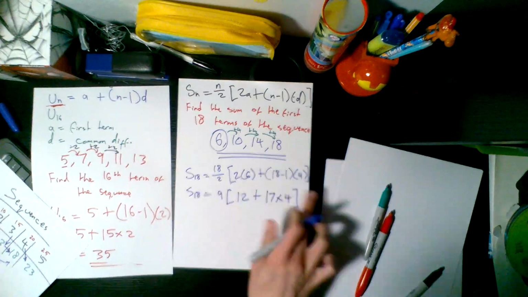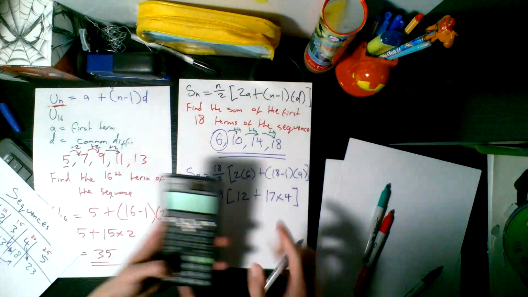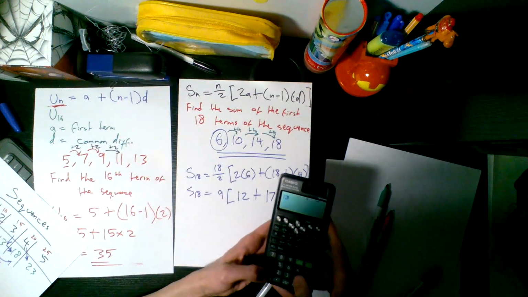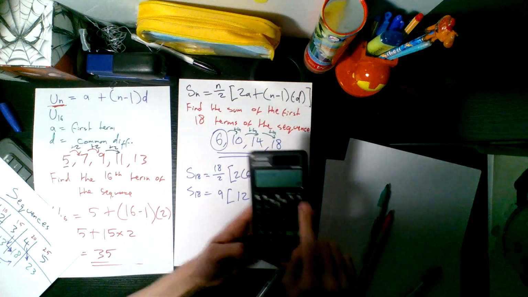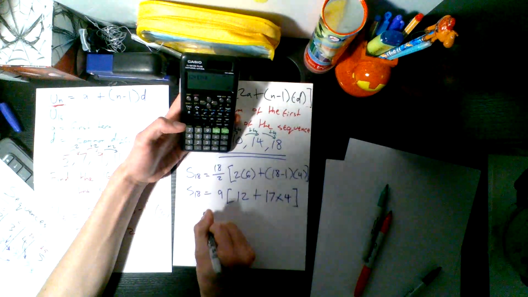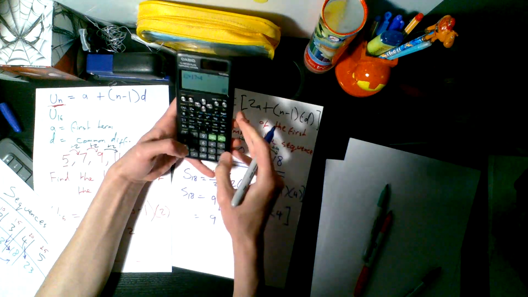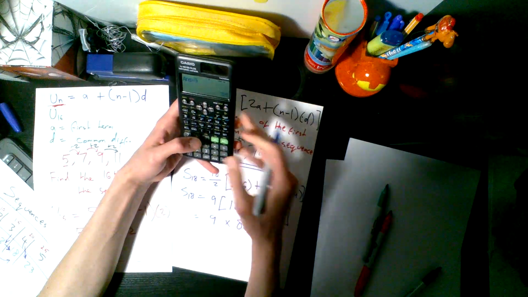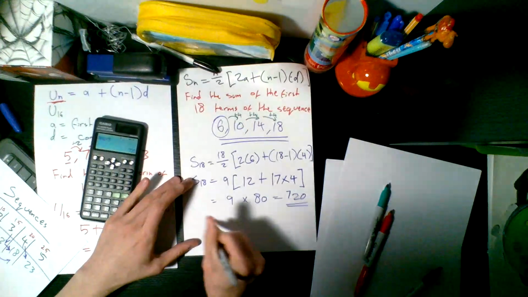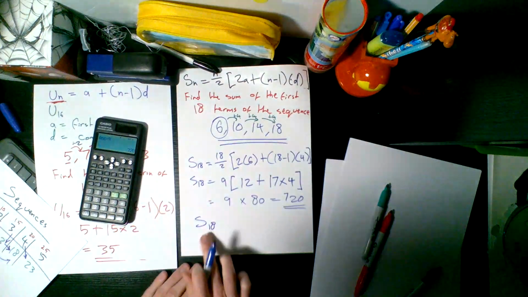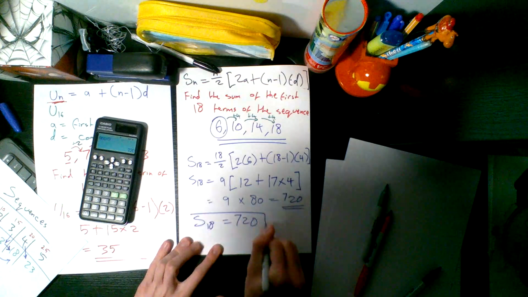You can put it in your calculator like this, and if we calculate 12 plus 17 times 4, it's going to be 80. So it's the same as 9 times 80, and 9 times 80 is going to be 720. So the sum of the first 18 terms of this sequence is going to be 720.